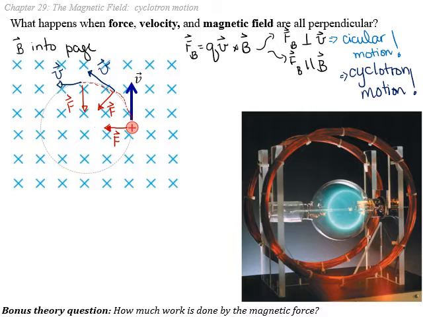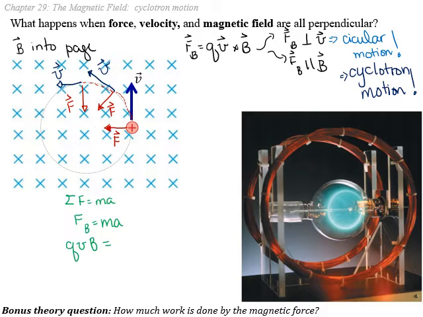We can do a Newton's second law analysis. We know that the sum of the forces on our little charged particle is mass times acceleration. We're going to assume that our particle is small so that gravity is not a significant force. That means the only force we'll think about will be our magnetic force. So magnetic force is mass times acceleration. Magnetic force is Q times V times B sine theta, but theta is 90 degrees because V and B are perpendicular.